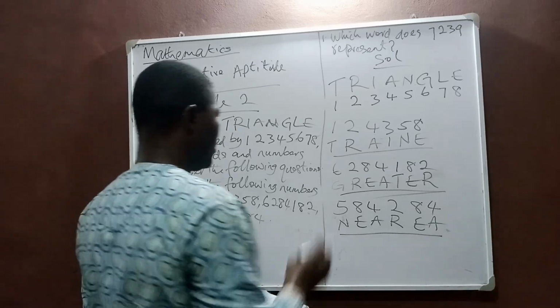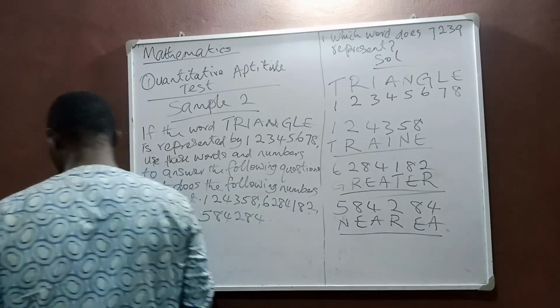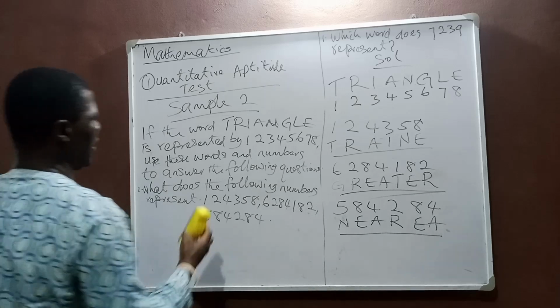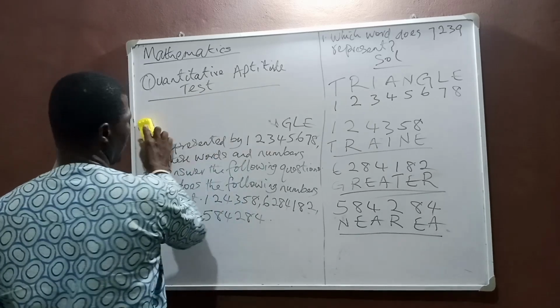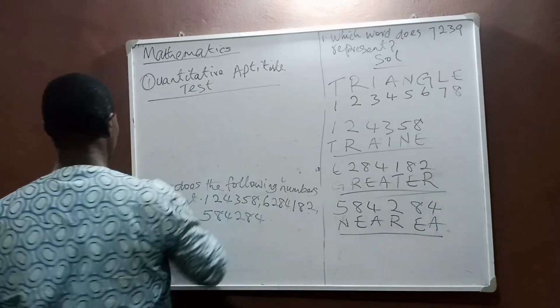Now, the second question from this same sample. From one sample, they can ask you up to 3 or 4 questions. See the next question that will come from the same sample.